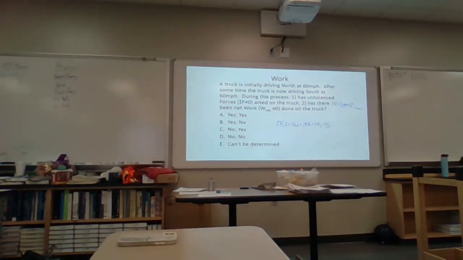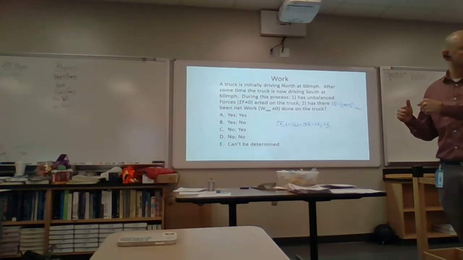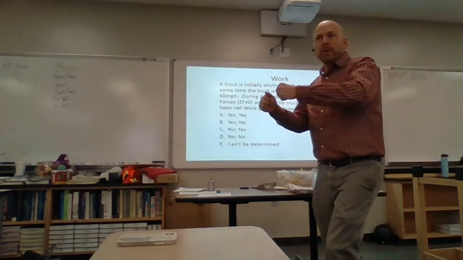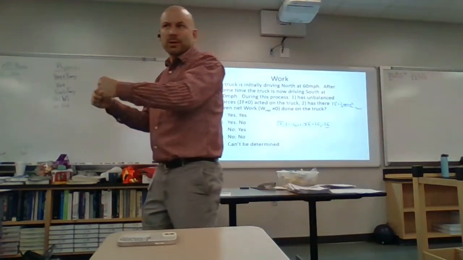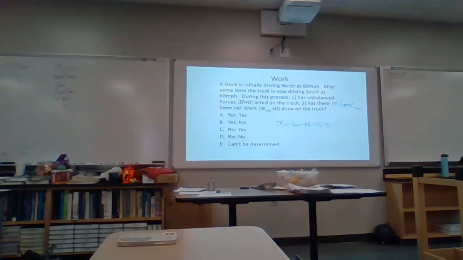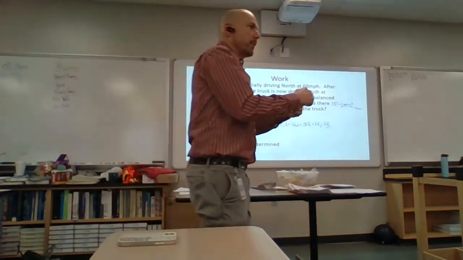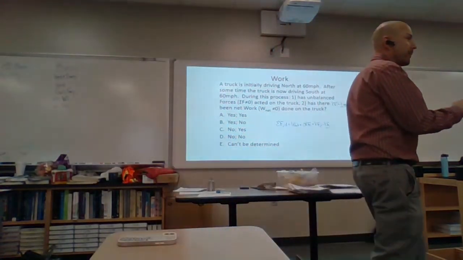As you're going down the interstate, 60 miles an hour, in order to turn around, what do you need to do? Slow down. Are my brakes doing positive or negative work as I'm slowing down? Negative. And then when I speed back up, is my engine doing positive or negative work? Positive.